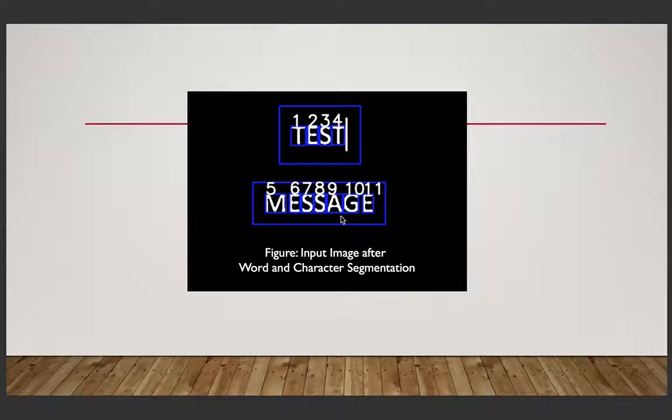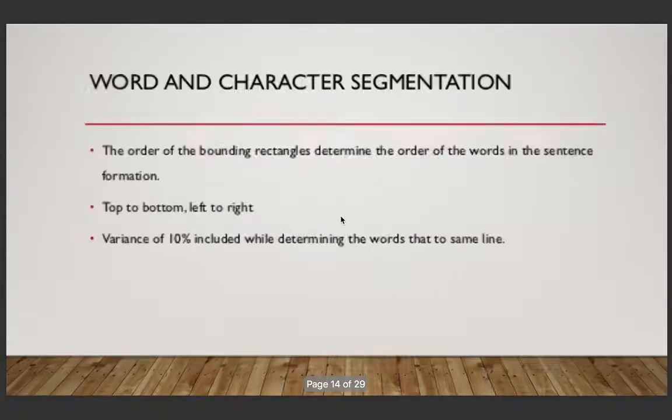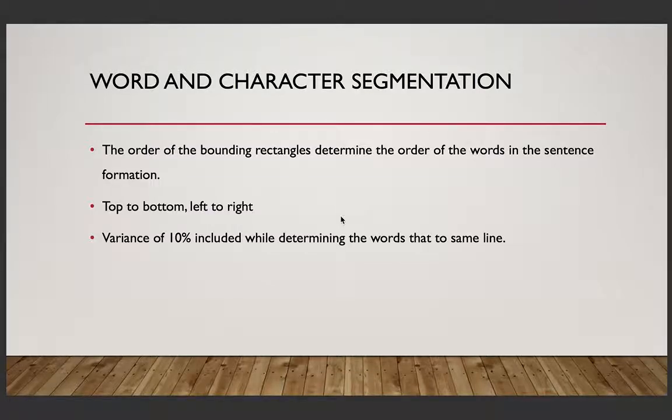Here in this image you can see that at the top level there are two bounding rectangles, one around test and the other around message. Within each bounding rectangle you can see that there are multiple bounding rectangles, each around a character.